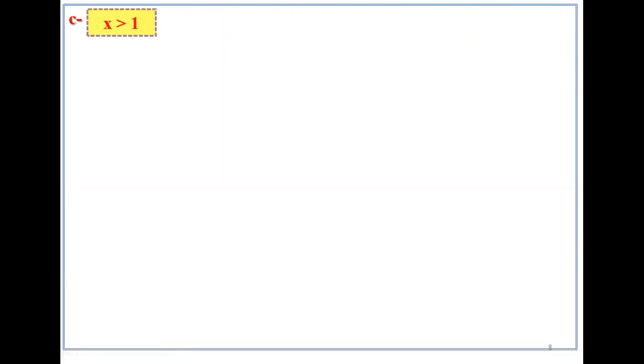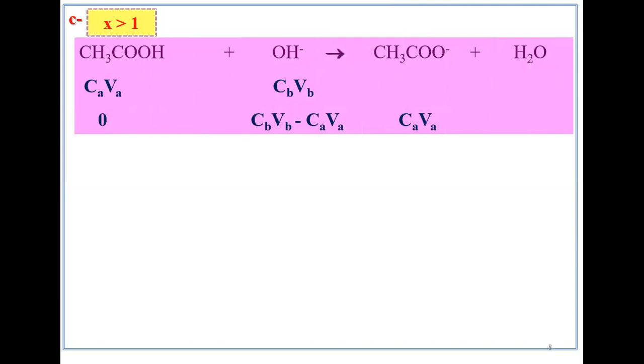Now, however, this is always before equivalence, okay, and in the buffer region. If I'm talking after equivalence, not at equivalence. At equivalence, you don't have an equation, you simply have the A minus in solution. After equivalence, let's look at what we have.